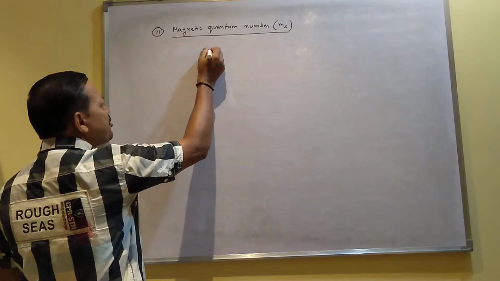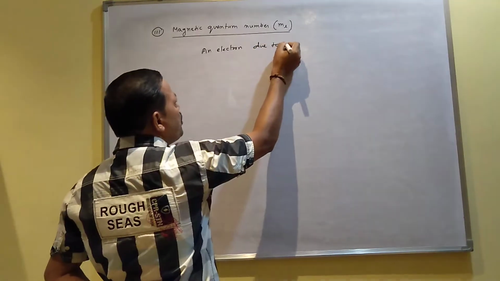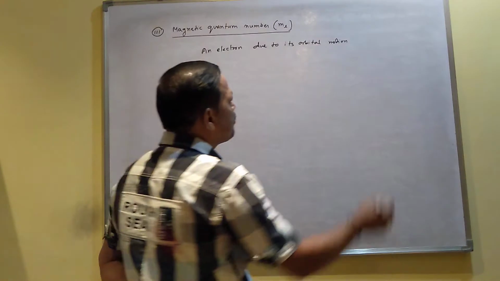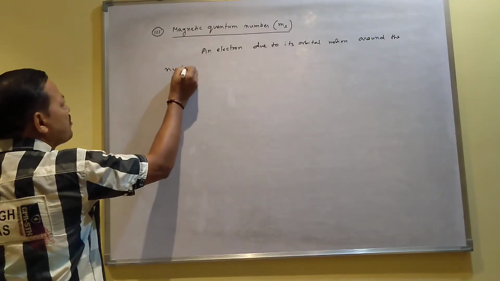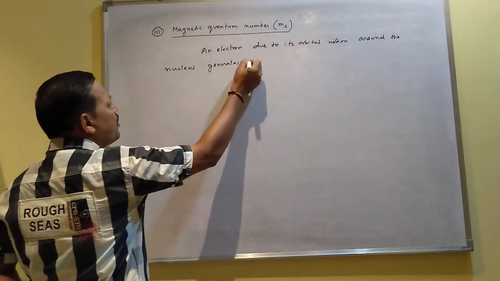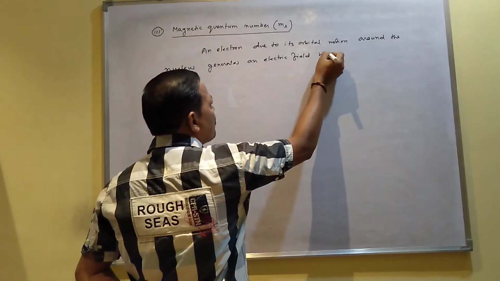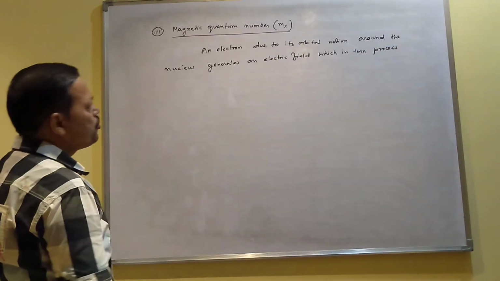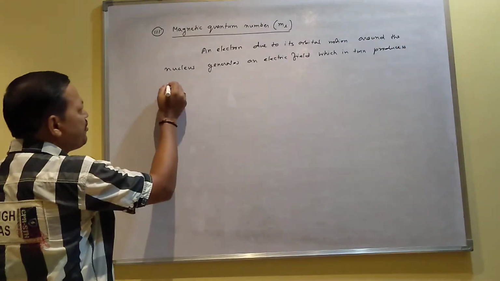So an electron, due to its orbital motion around the nucleus, generates an electric field, which in turn produces a magnetic field.